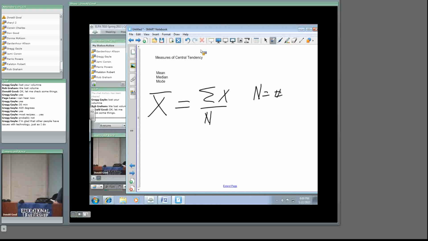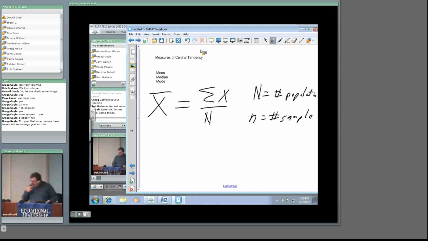Uppercase N. Small case n is number in the sample. That'll matter a little bit a little later. But let's just say we've got everybody we're talking about. Add all the values together, divide by how many you have. So that's the mean.